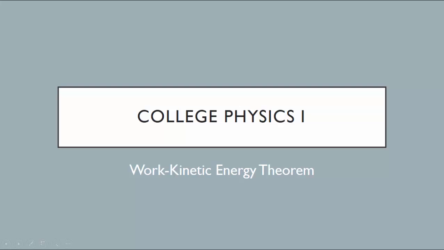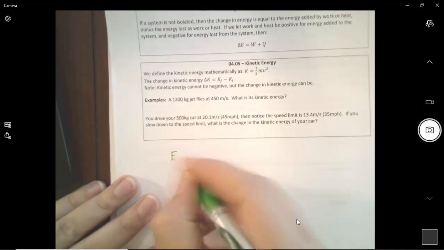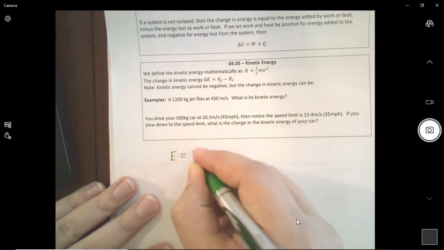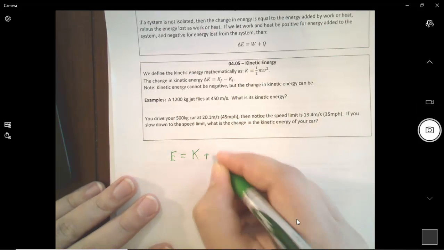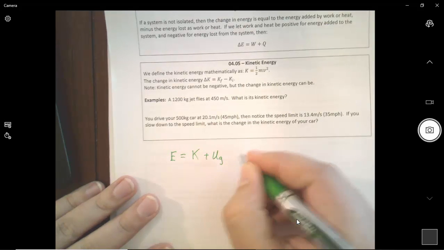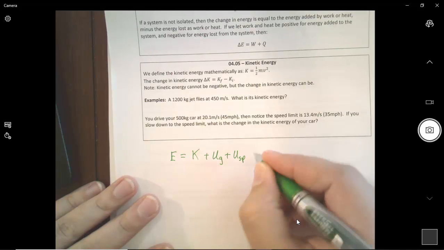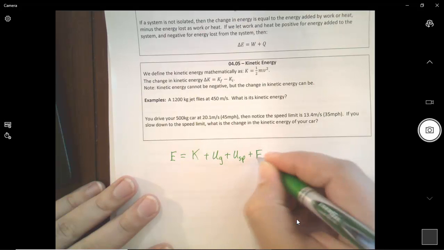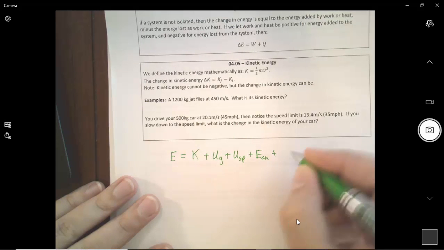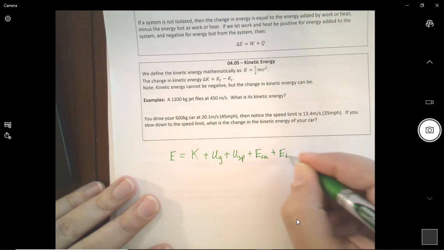In order for this to make sense, we're going to have to understand what all the different available types of energy are. So let's remember what kinds of energy we might have in a system. So we could have kinetic, we could have gravitational potential energy, we could have spring potential energy, we could have chemical potential energy, we could have thermal energy.